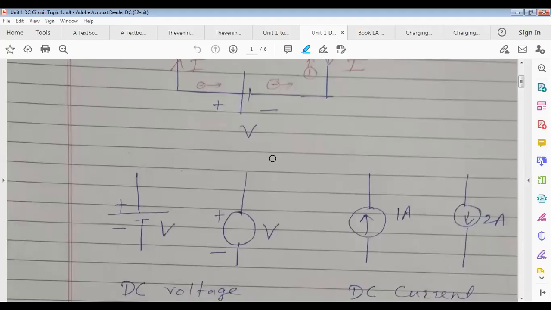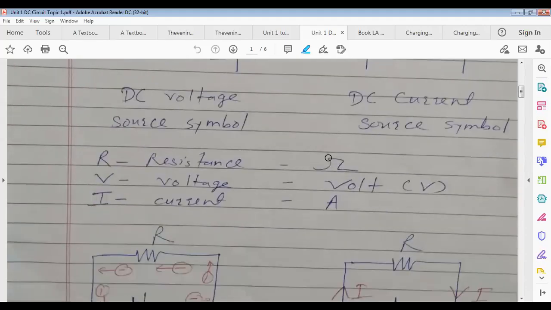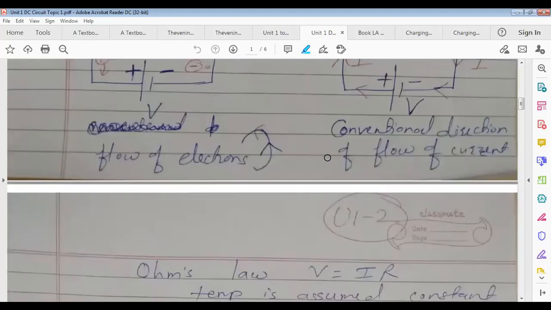Kirchhoff's voltage law: in every electrical network, in every closed loop, the algebraic sum of voltage sources and voltage drops is 0. So read and understand Ohm's law, KVL statement, KCL statement, superposition theorem, Norton's theorem, Thevenin's theorem. Based on the theorems, questions will be there.